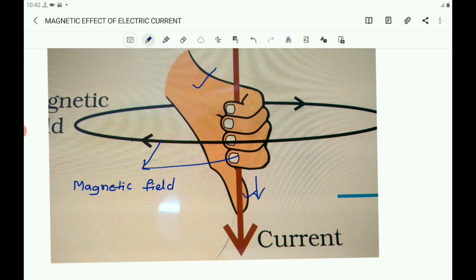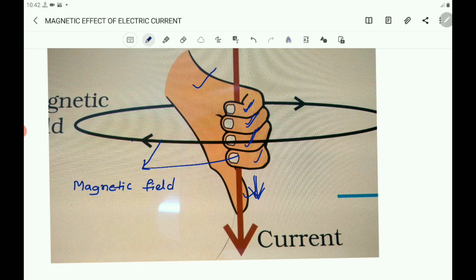And in what way you have to handle it? In such a way that the thumb points towards the direction of the current. Here the direction of the current is in this direction. Then the four fingers will wrap around the conductor, and the direction of these four fingers is in the direction of the field lines of the magnetic field.